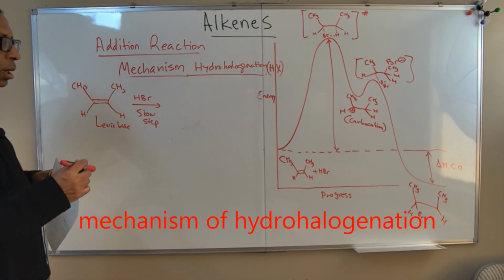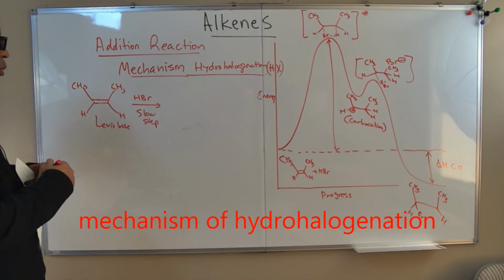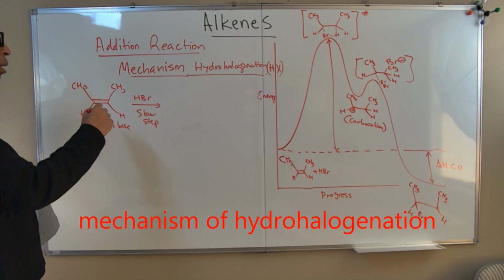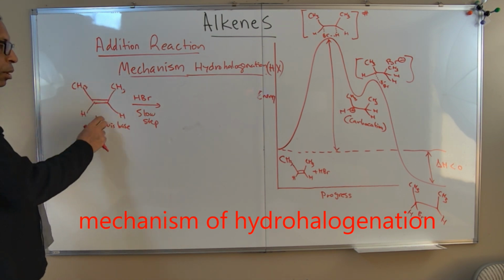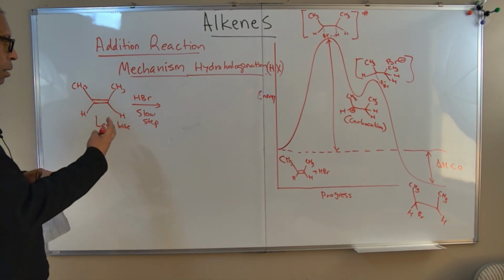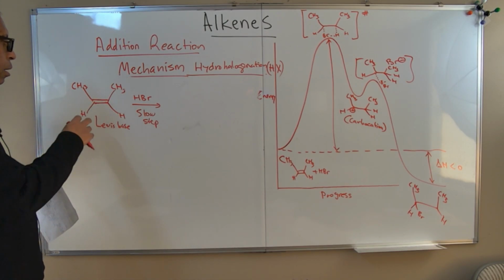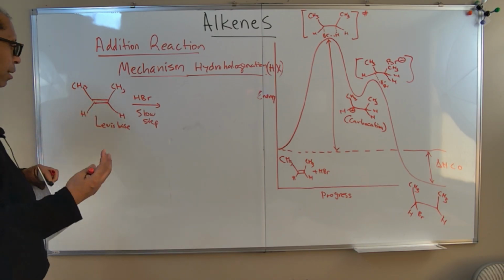So the initial reaction mechanism would be a slow step where the Lewis base, this is a Lewis base, that means the alkene is considered, or acts, as an electron-rich center where it is a base.